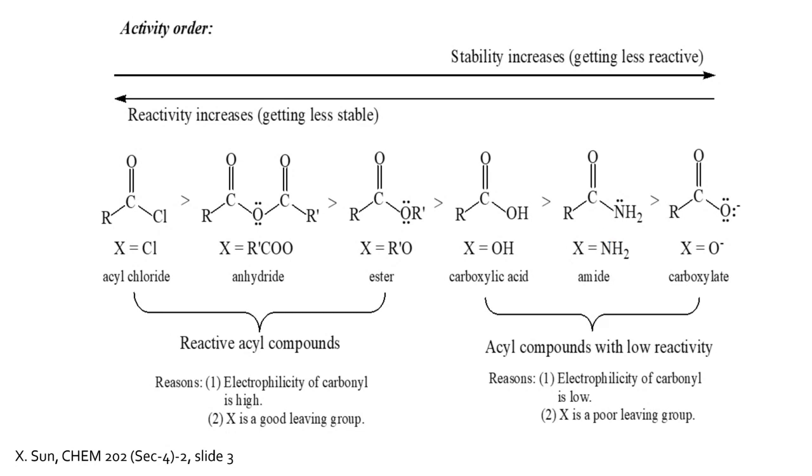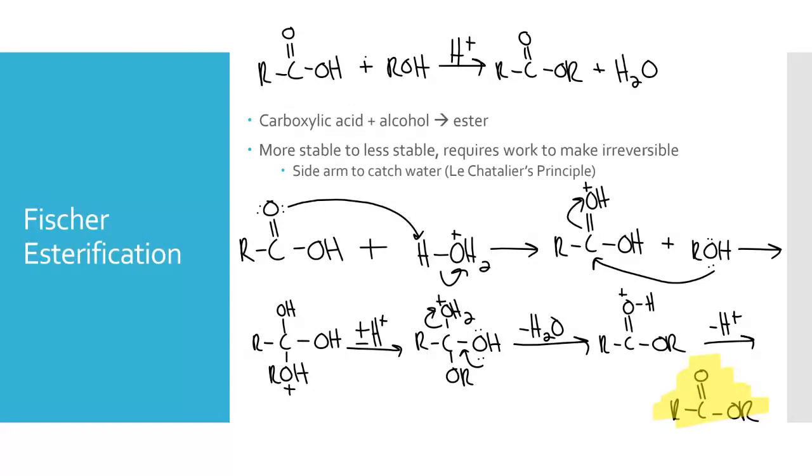Water is a product of this reaction. If we remove the water as this is occurring, it's going to shift this equilibrium towards the products, making it irreversible. So even though we're going backwards in the line of stability, this can still occur. We just have to do some more things. And we also have to catalyze with acid as well.